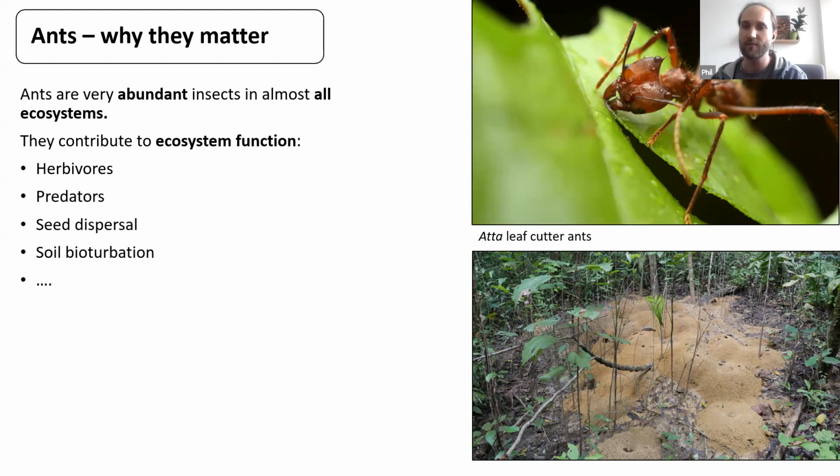The leaf-cutting ants really eat huge amounts of plant matter, or to be more specific, they actually cut the leaves and feed a fungus and then eat that fungus. But they are also involved in a lot of different ecosystem functions. They are important predators. They're involved in seed dispersal. They do soil bioturbation, you name it, ants do it.